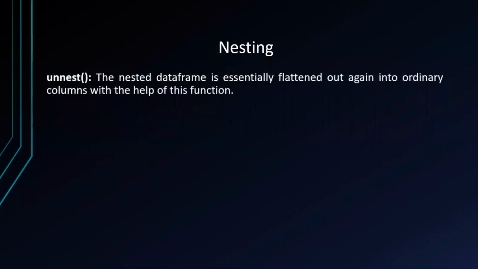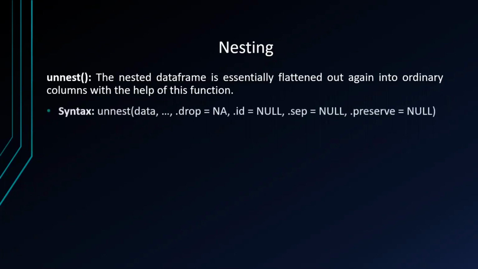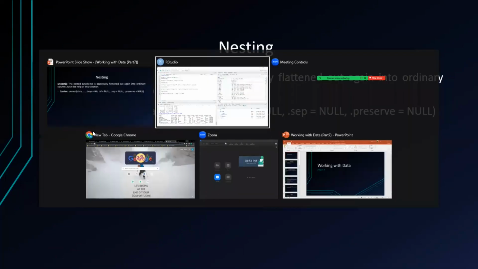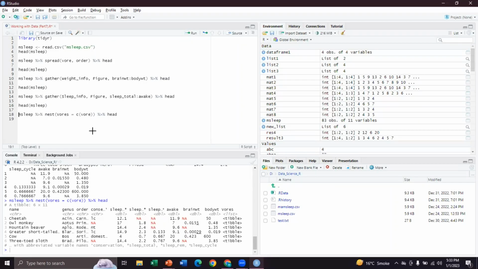Next, we have unnest function. The nested data frame is essentially flattened out again into ordinary columns with the help of this function. The syntax is quite simple. Just say the unnest keyword, pass the data frame, and some parameters. Let's implement this in our studio.